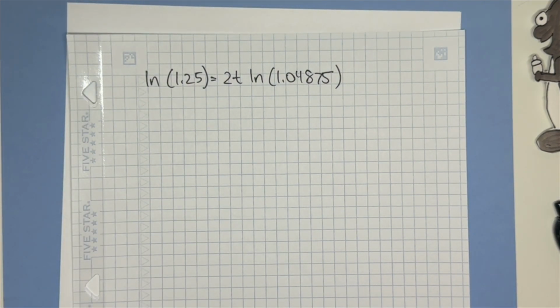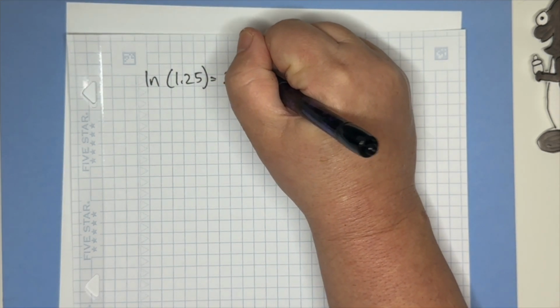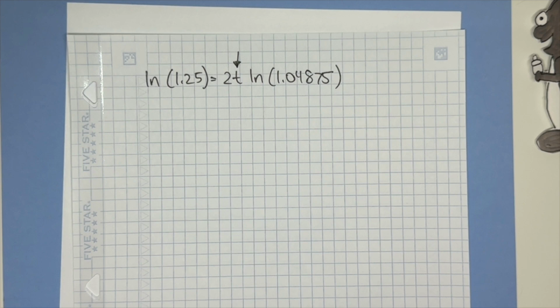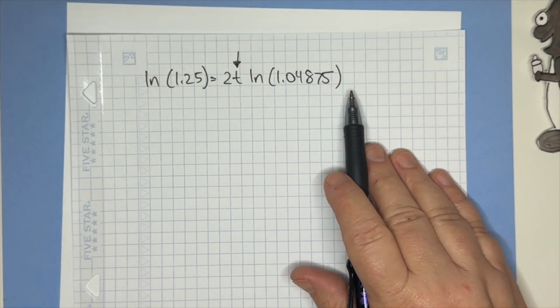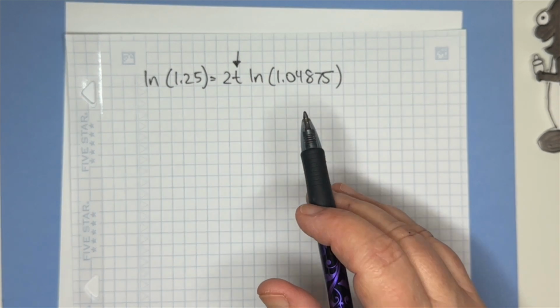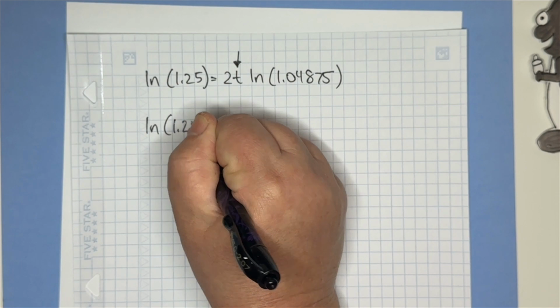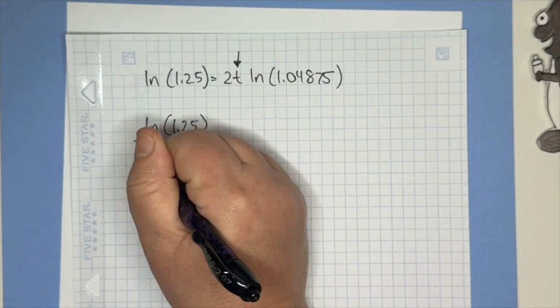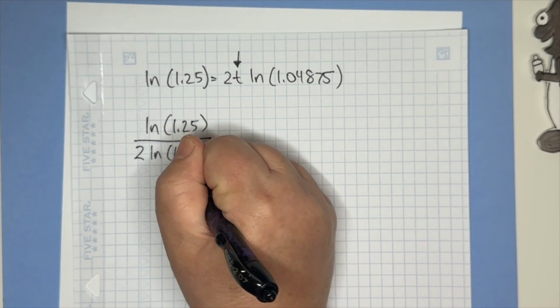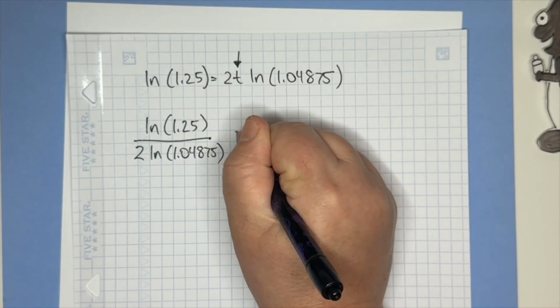What am I solving for? And the answer is, I want the t. T is what I want. So since this is all multiplied together, I'm going to go ahead and divide out everything that I don't want on the right. So natural log of 1.25 all over 2 times natural log of 1.04875.